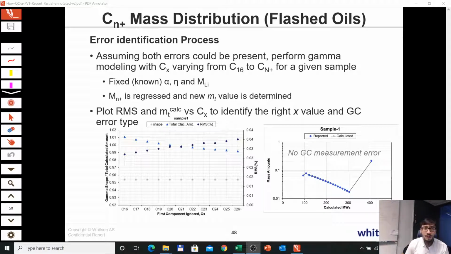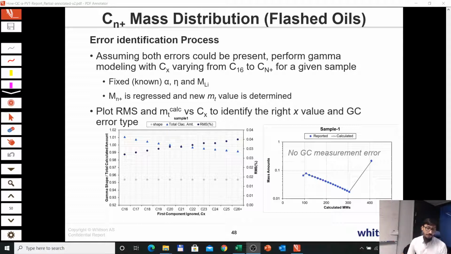You can use that spreadsheet with any gamma distribution model you have, but you need to know all the tuned parameters. We will discuss in detail how to use the spreadsheet, how you can identify the different types of error, and also try to correct the lab reported compositions.